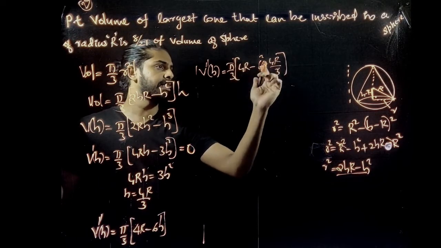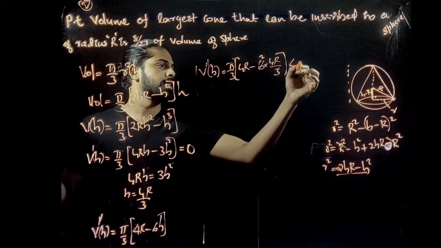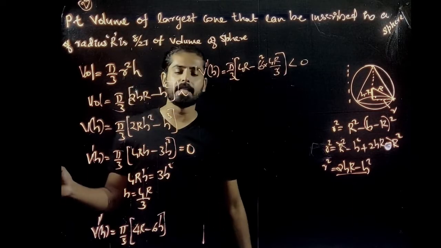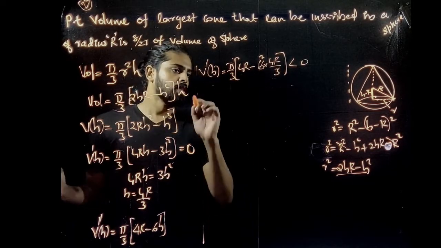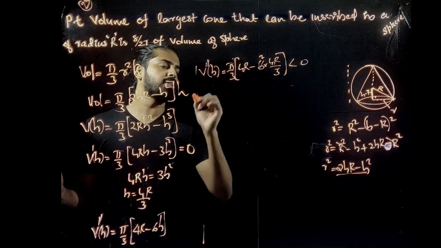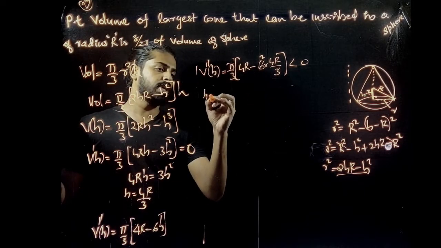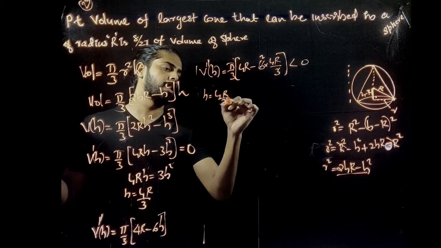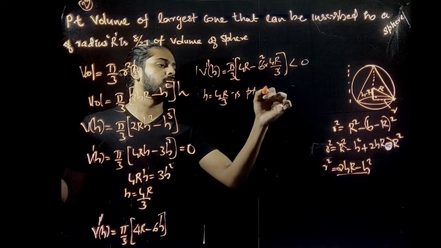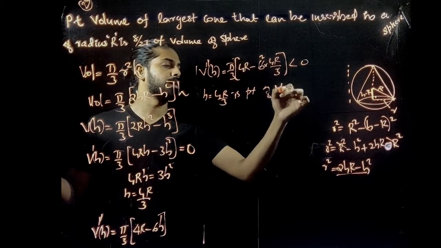So 4r minus 8r is negative 4r, which is less than 0. So V double dash h is less than 0 when h is equal to 4r by 3. That means h equal to 4r by 3 is the point of maxima.